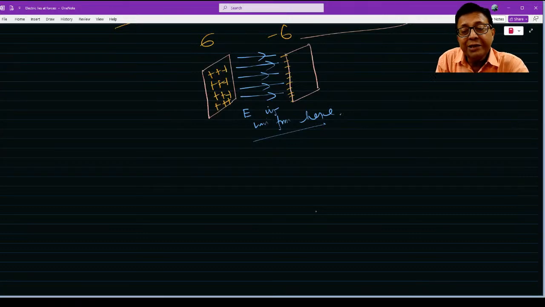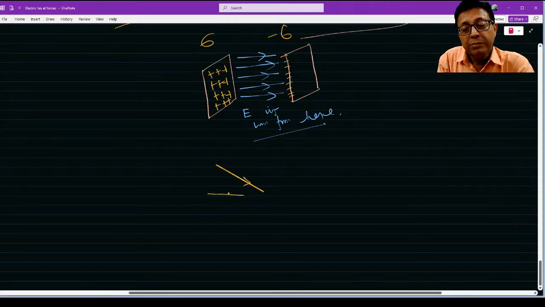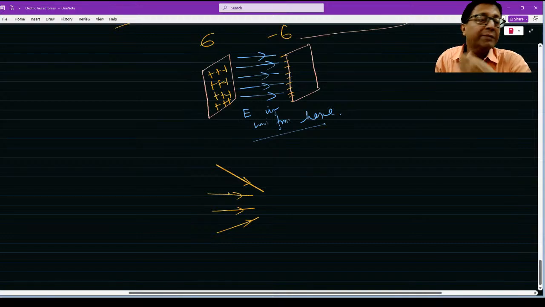Then somebody has taken lines of forces like this. I'm going to draw it here. In a region of space, or they are coming out, whatever, then it is non-uniform.